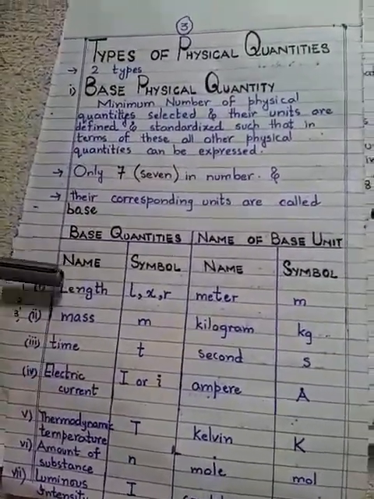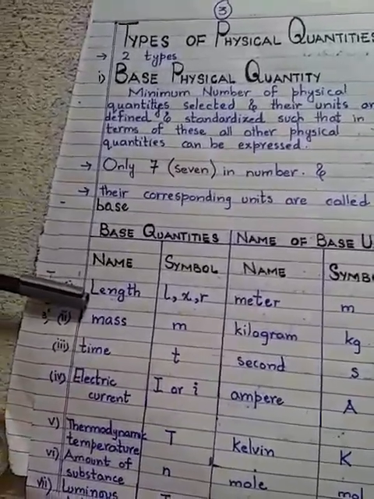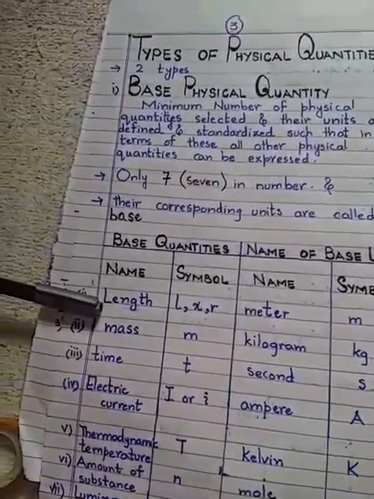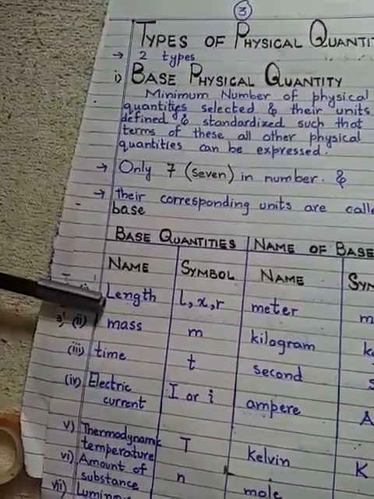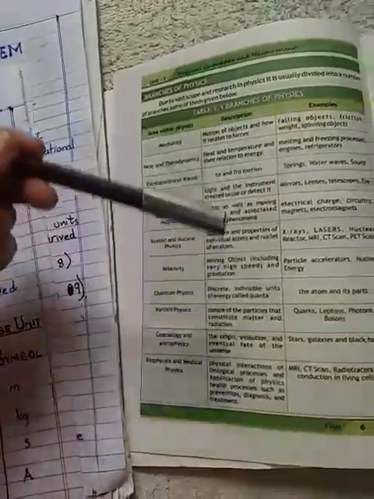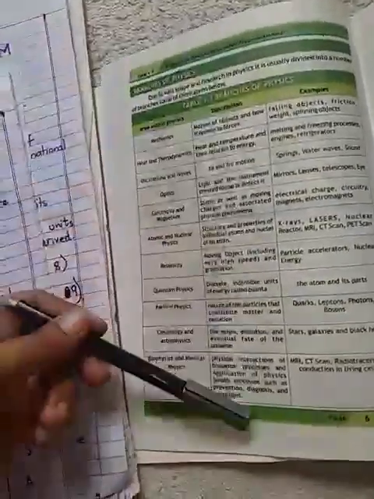The first base physical quantity is length. Length means the distance between 2 points, known as the length of an object. Suppose we want to measure the length of a book. The length of a book means the distance between the first and the last point.